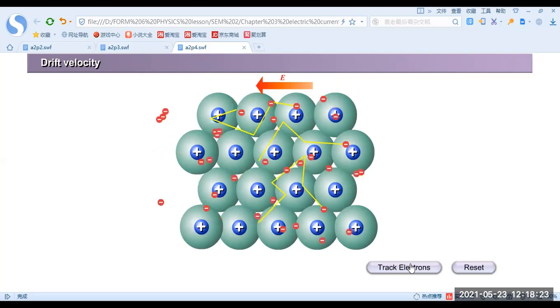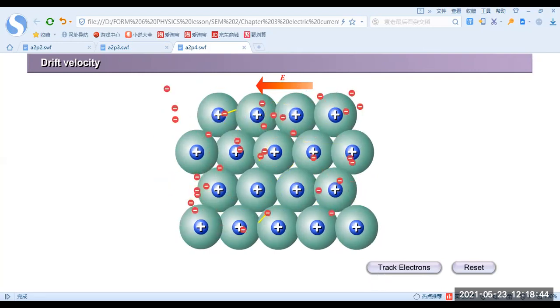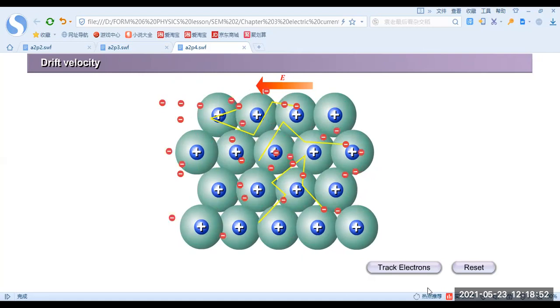The path may be a little bit curved, but no matter how, it's always left to right, and the electron always moves opposite the direction of the electric field. No matter how it's moving, at the end it still moves from left to right, opposite the direction of the electric field.